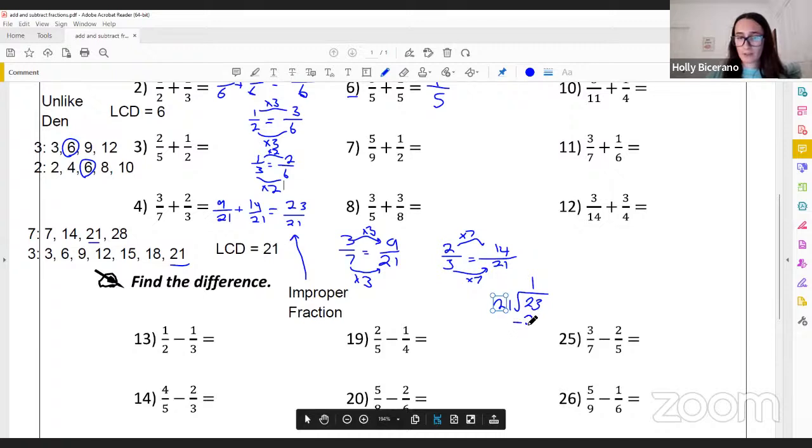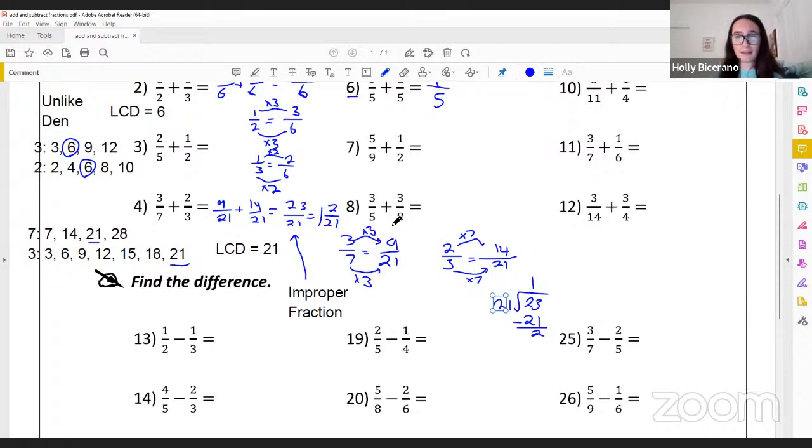We subtract 21. We get a remainder of 2. So it's 1 and 2 over 21. So that's how you're very likely to see the answer versus 23 over 21.